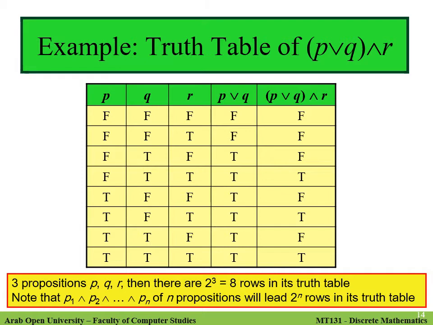Now what you need to do is form P or Q, which is the first and second value. It's easy to just apply the OR for the first and second columns, and these are the truth values that you get. Finally, the entire statement, P or Q and R, is just applying the AND between the truth values of the column for R and the column for P or Q. You should easily and quickly fill those values.